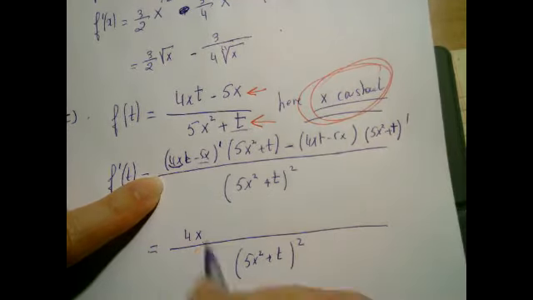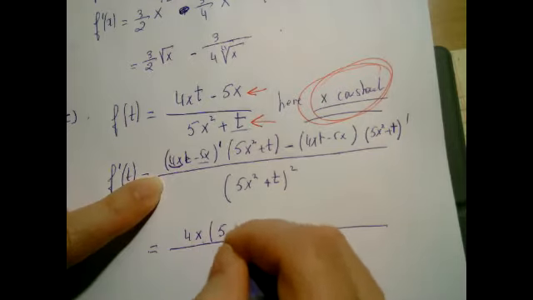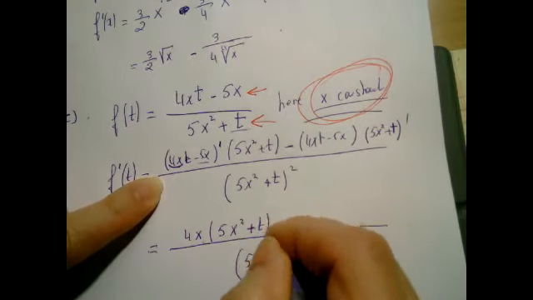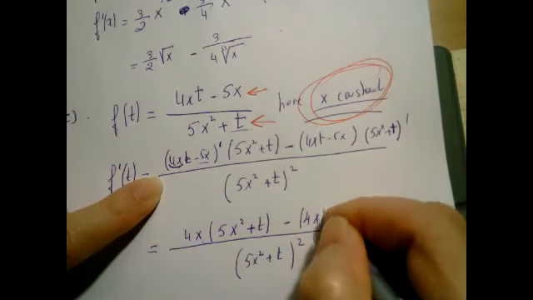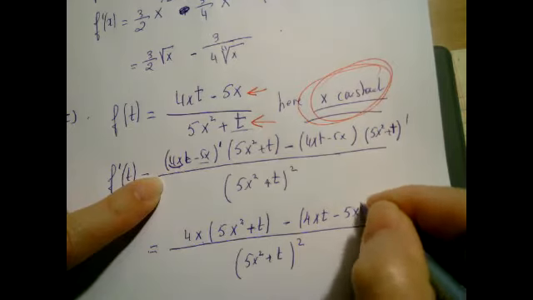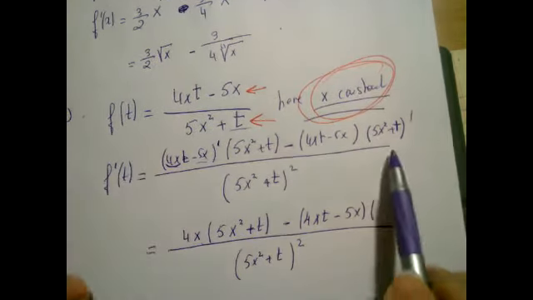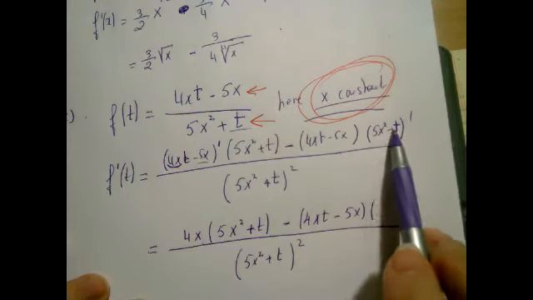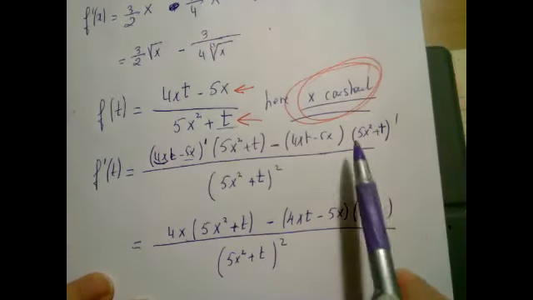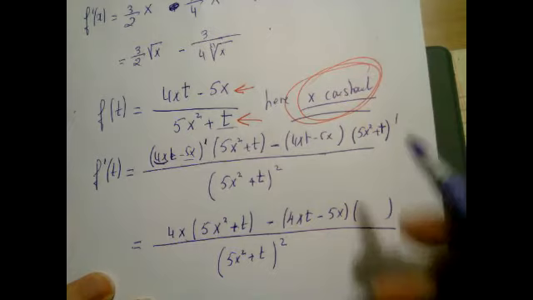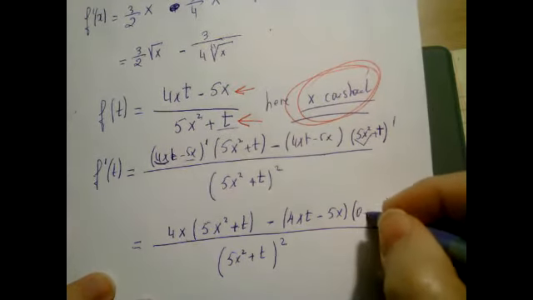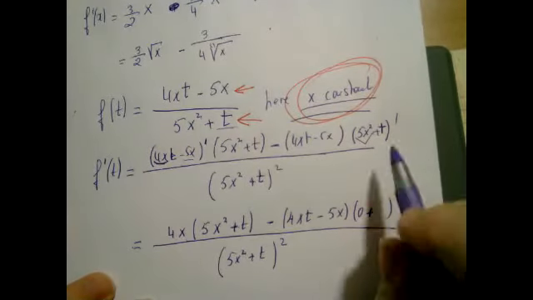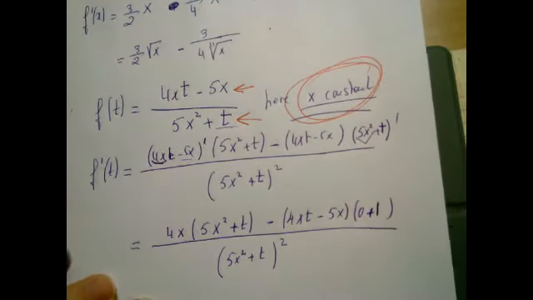So that gives me 4x times 5x squared plus t, minus 4xt minus 5x times the derivative of 5x squared plus t. That's the sum rule: the derivative of 5x squared is 0, plus the derivative of t, which is 1.